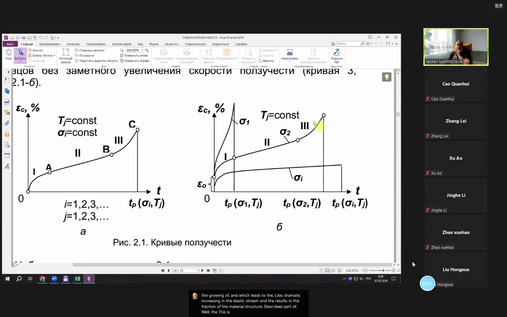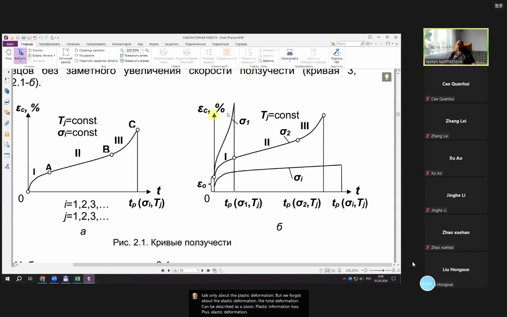this is what the creep is, and moreover, I forgot to say the creep appears only if the total deformation is limited. So we talk about what? We talk only about the plastic deformation. But we forgot about elastic deformation. The total deformation can be described as plastic deformation plus elastic deformation.